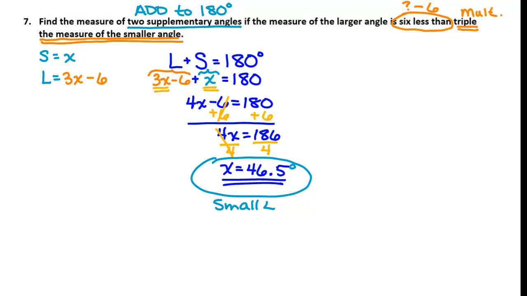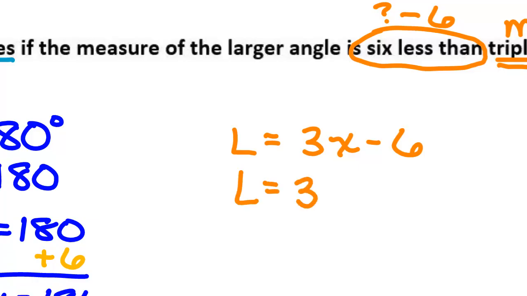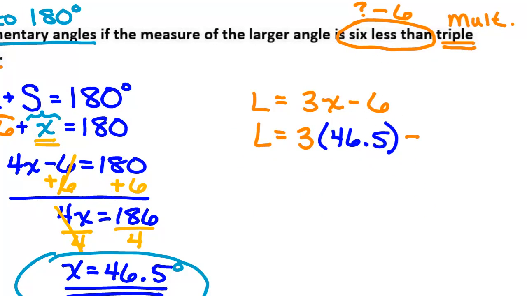For the larger angle, that was 3x minus 6. So 3 times 46.5 minus 6. What is 3 times 46.5 minus 6?